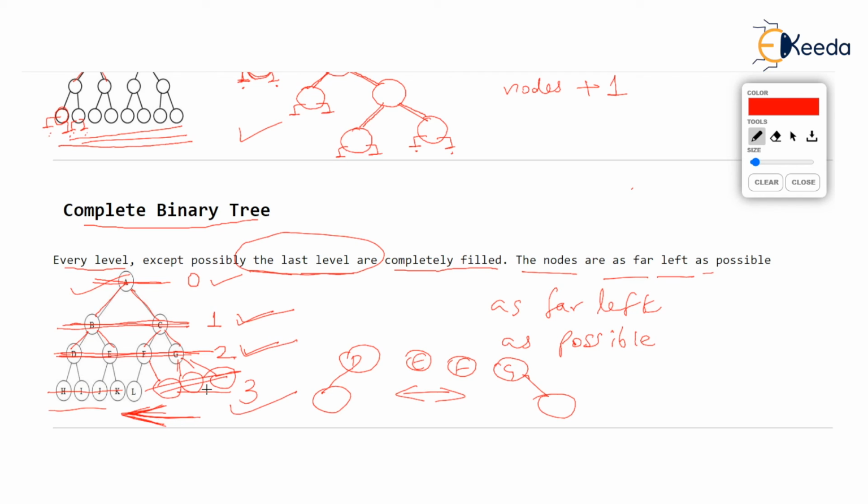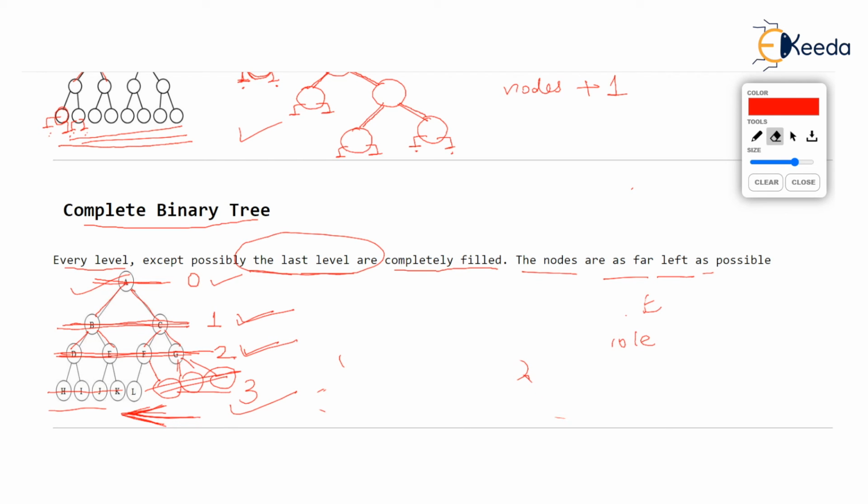I hope you understand. So which type of tree am I talking about here? Let me draw an example tree and you just find out which type of tree it is. Say, suppose I construct a tree like this. This is the tree. Now this is a complete binary tree because on level 0 there can be only one node, filled.